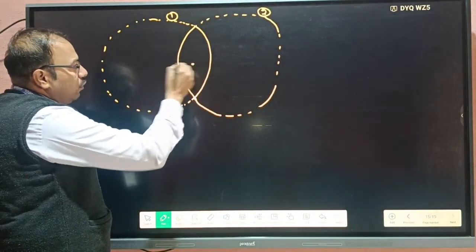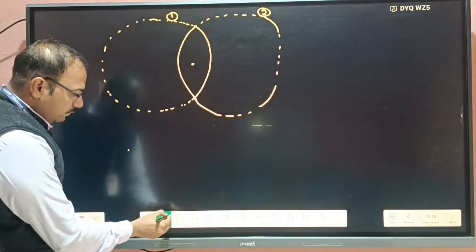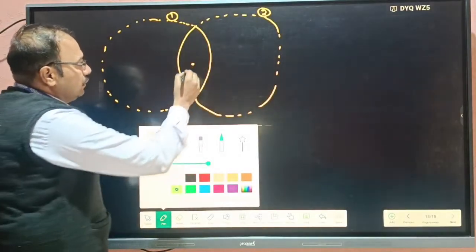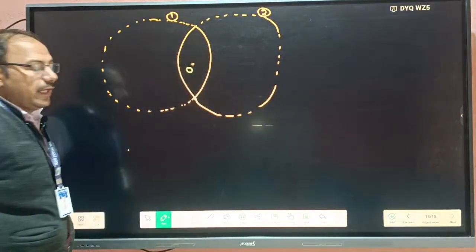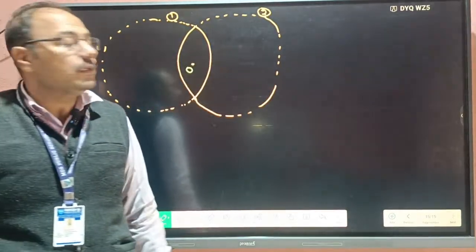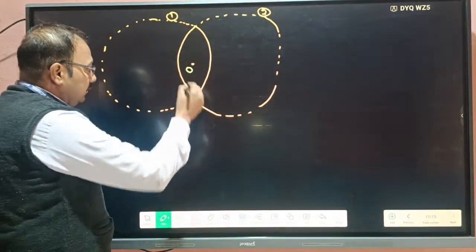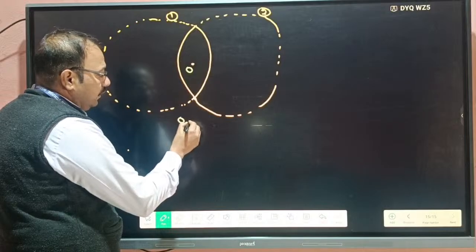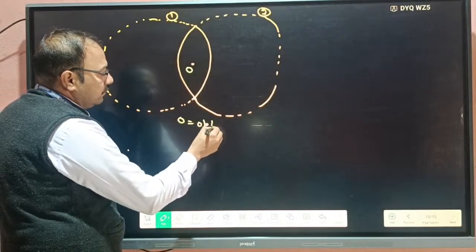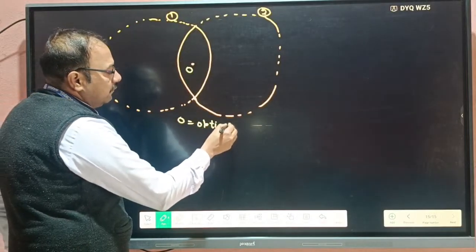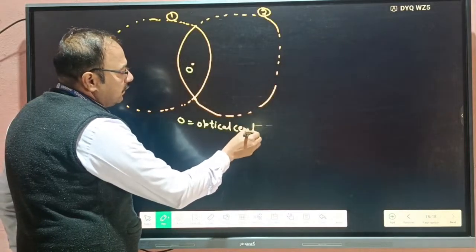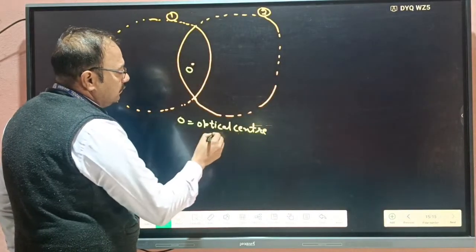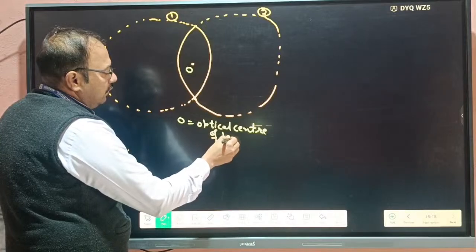This center point is called O. This point is known as the optical center of the lens. So we write here, optical center of lens.